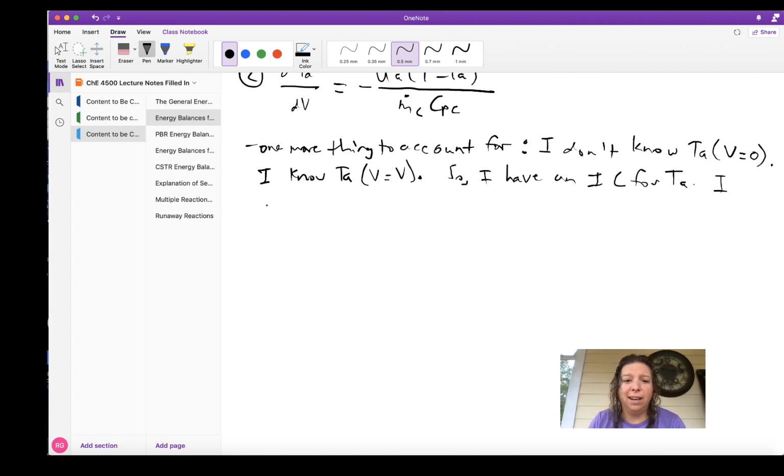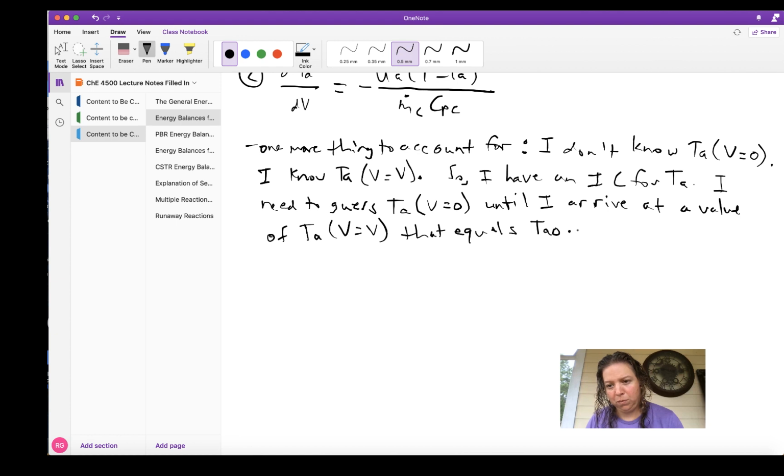Therefore, I need to guess one, until I arrive at a value of TA at V equals V that equals the specified inlet temperature. And we'll practice with this next.